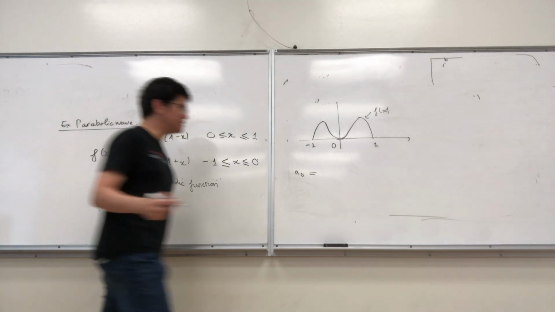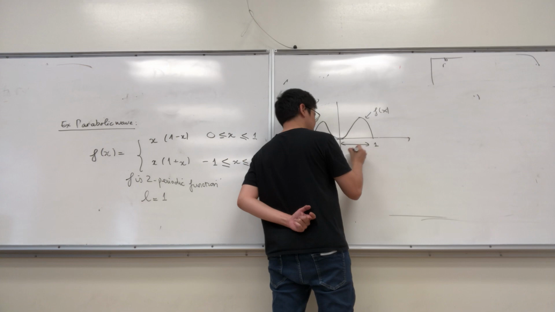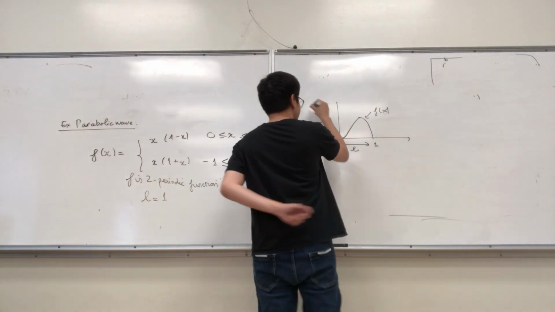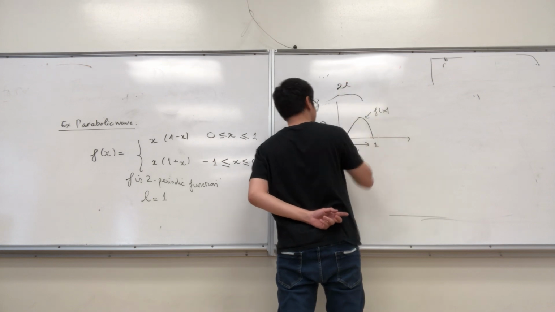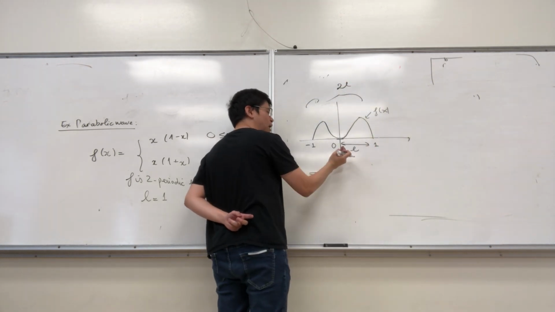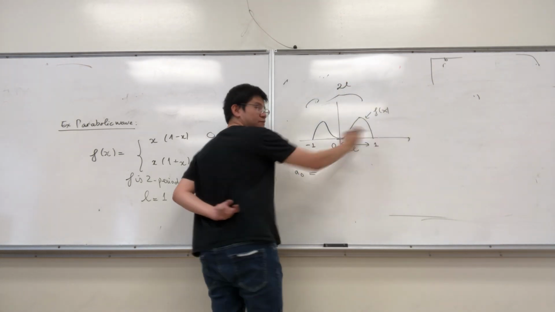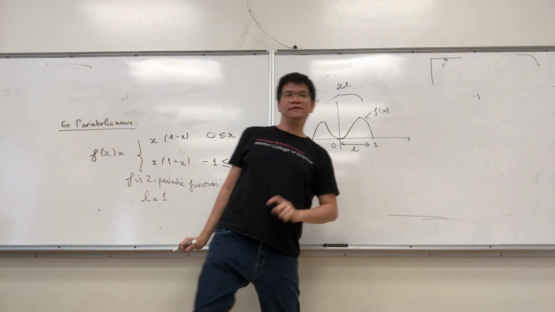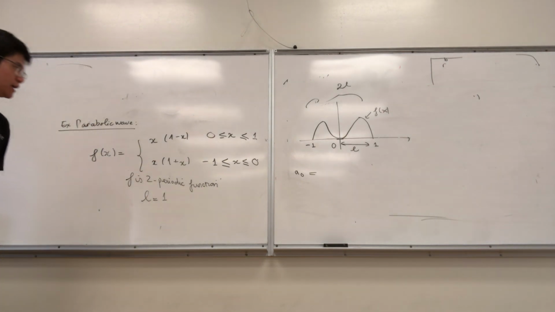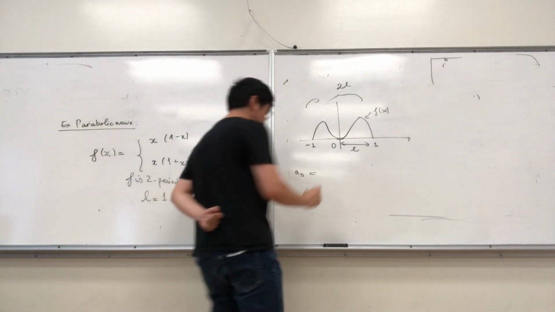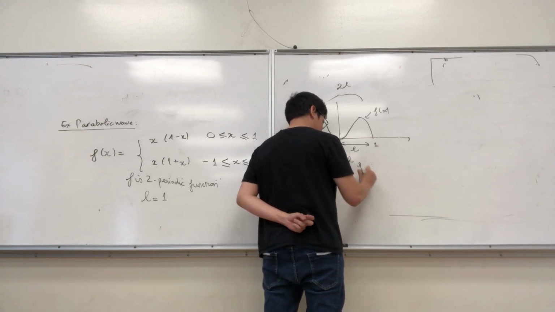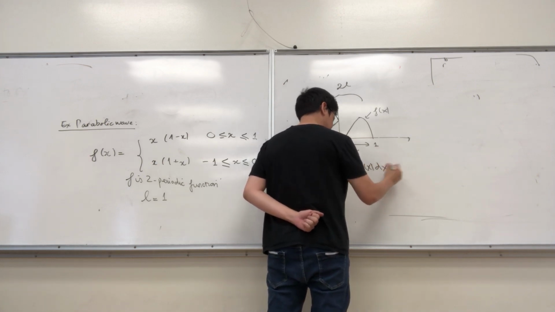So L is basically this part, and 2L is the period, which is double the distance between 0 and the limit on the right side. So L in this case is 1, and now I have to compute A0, which is 1 over 2L times the integral from minus L to L of f(x) dx.